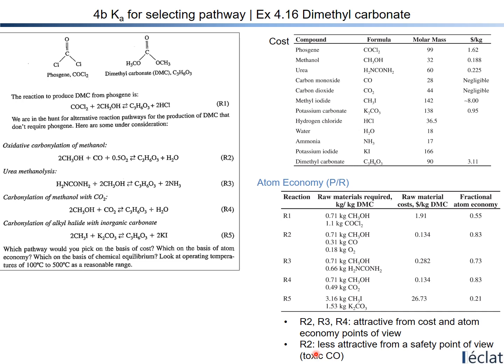So, as of now, we could select R3 and R4 for the preferred reaction pathways. Then let's go to the comparison in terms of the equilibrium constant of activities Ka in the following slide.